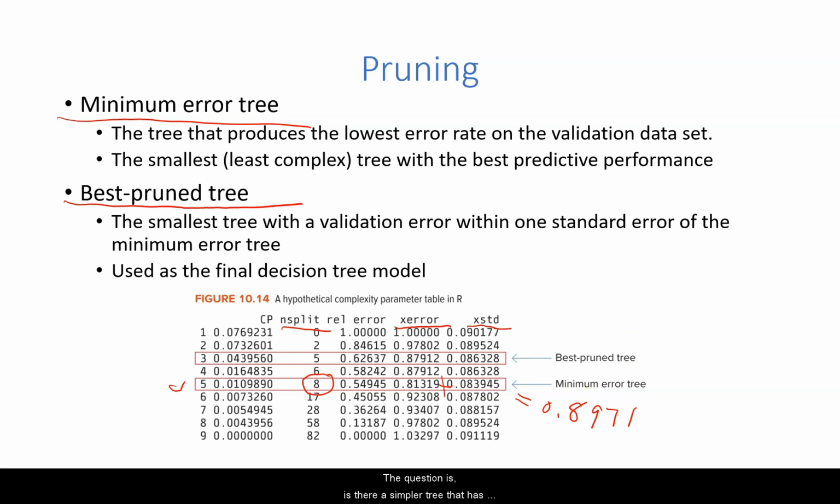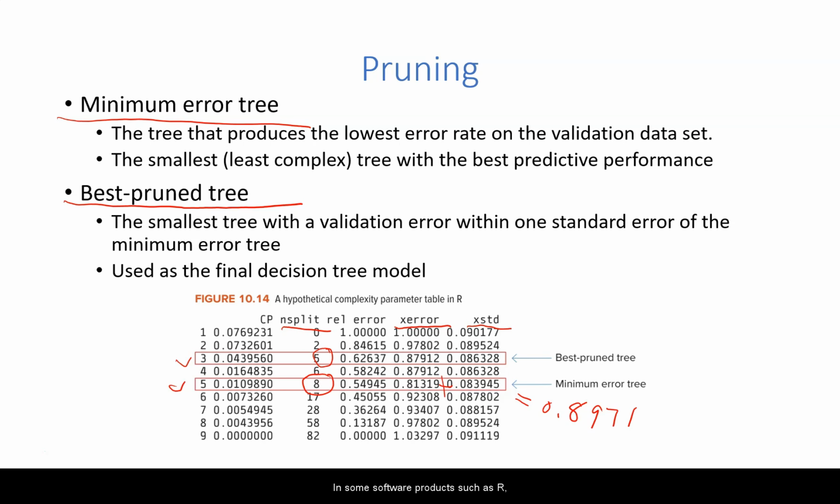The question is, is there a simpler tree that has a validation error that is less than 0.8971? Well, tree number 3 with 5 splits has an error rate of 0.8791, which is less than 0.8971. So tree number 3 is the best pruned tree, and tree number 3 should be selected as the final tree model.